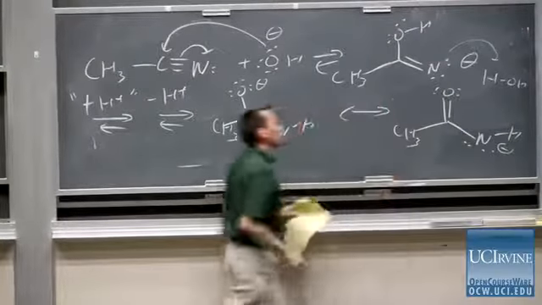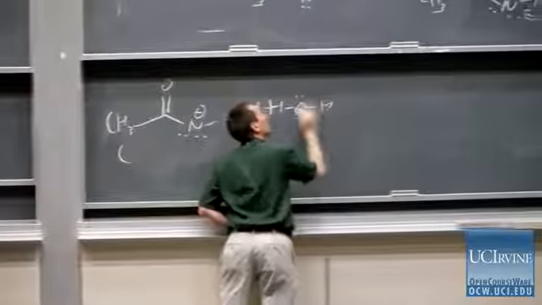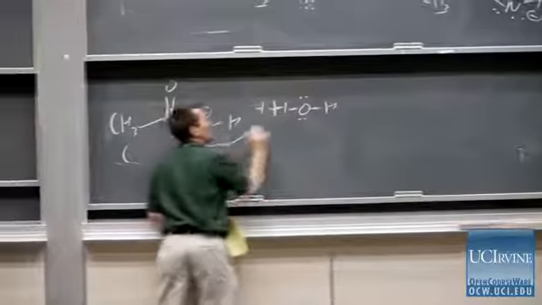And then the last step you can think of is that we're going to pick up a proton, and I'll draw this explicitly. It's nice to be able to pick and choose the resonance structure that you want when you're writing a mechanism. So our last step here is going to be protonation.